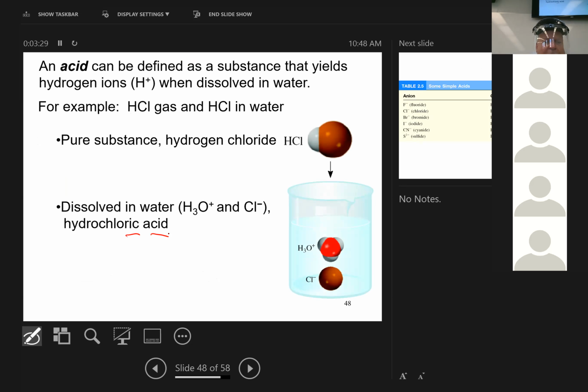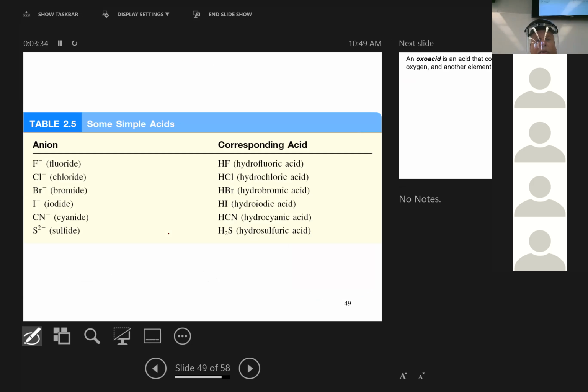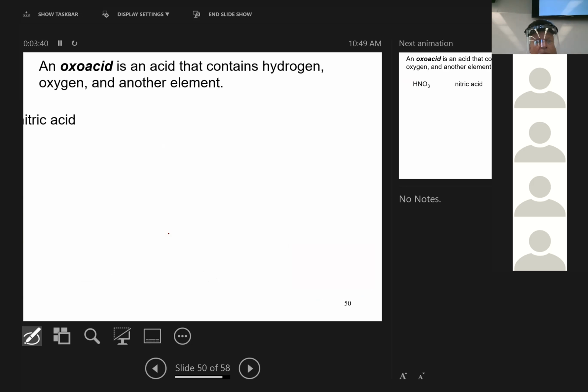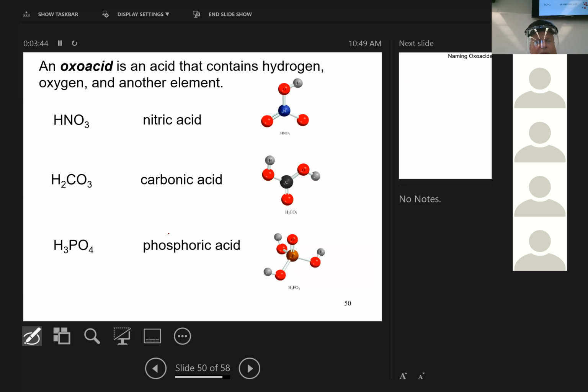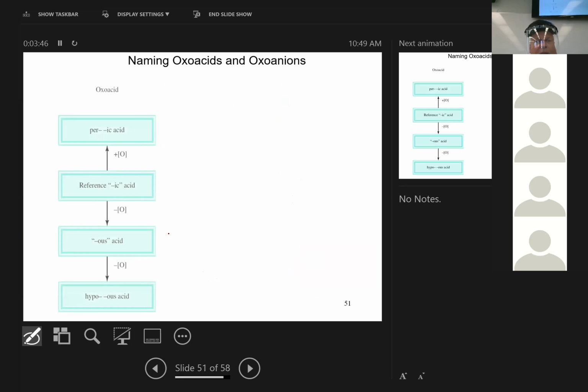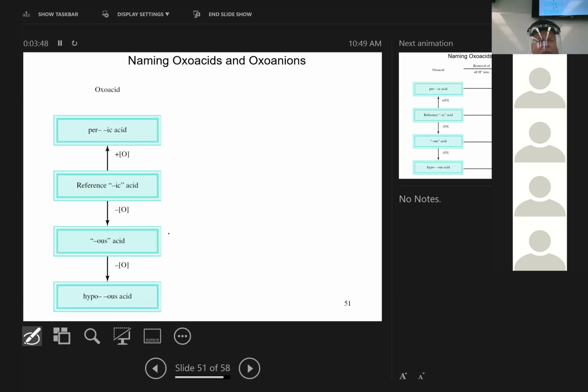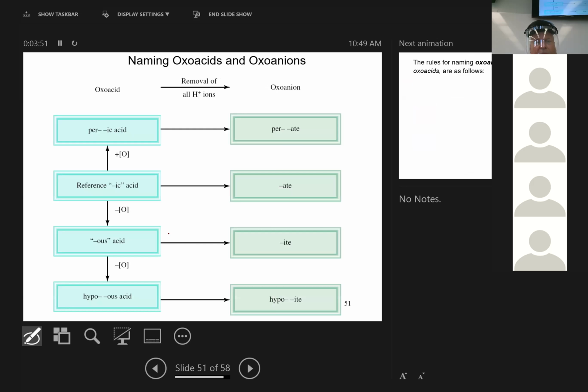So you add the -ic and add the acid to the name. Okay, and then there's a bunch of things regarding that. And again, I like using the rules. Okay, oxoacids, nitric acid, carbonic acid, phosphoric acid, and then naming them, essentially you have those associated with this.